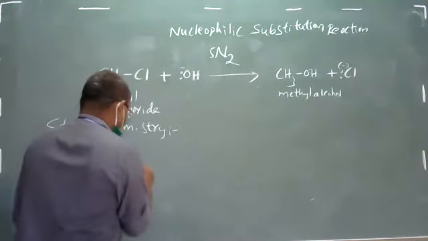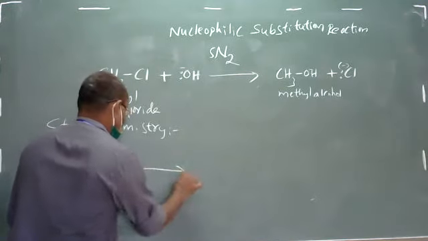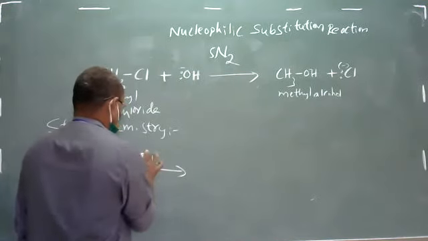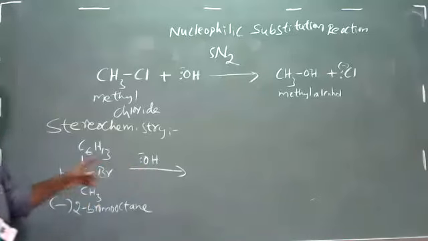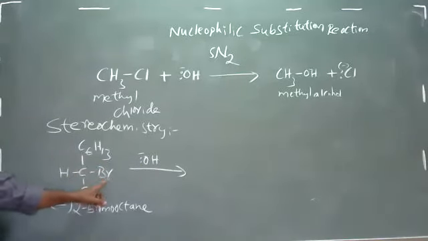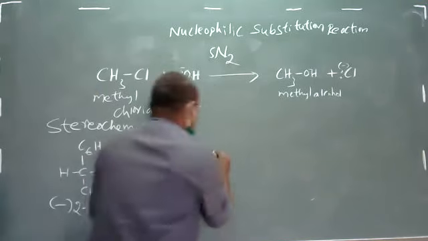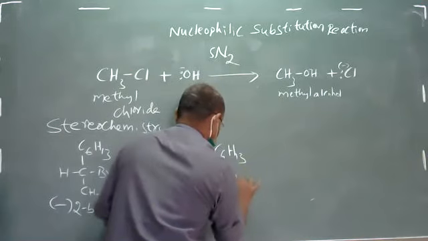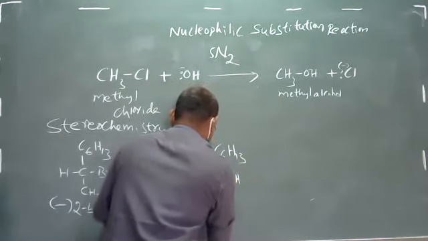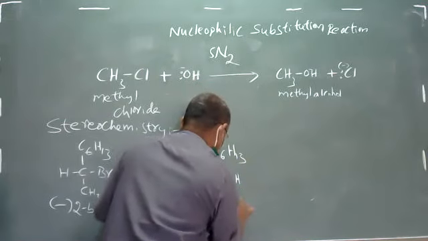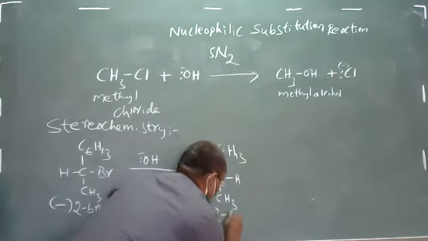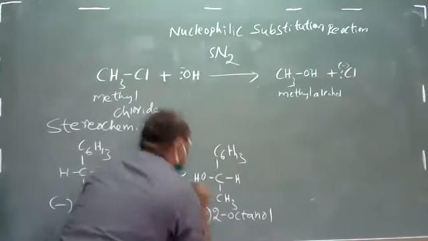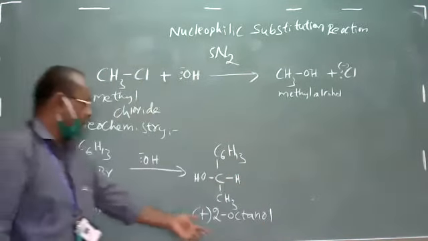2-bromo-octane is going to react with a nucleophile. And this nucleophile is going to attack at the rear side, because at the front side there is a bromine. So it attacks at the rear side to form 2-octanol, but here the minus sign is converted to plus sign.